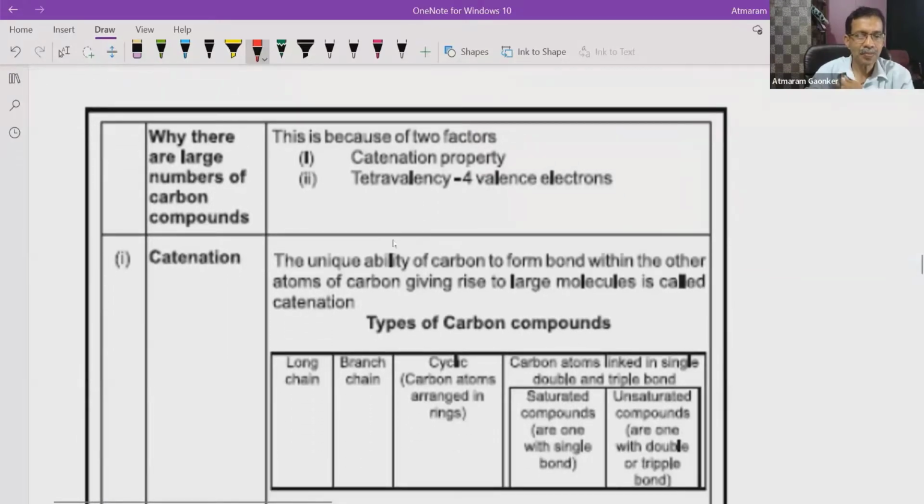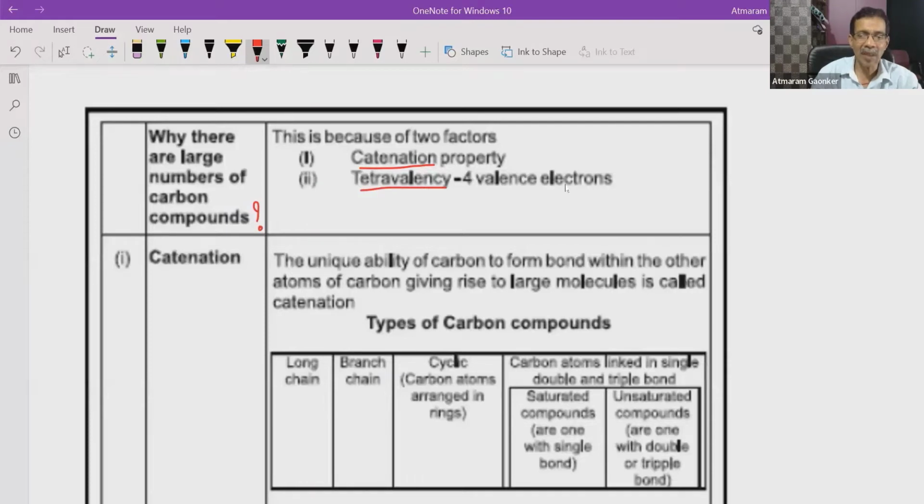Then the next question is, why are there a large number of carbon compounds? This is a question you may be asked. This is because of two factors. One factor is called the catenation property. Another is tetravalency, and tetravalency is nothing but 4 valence electrons.